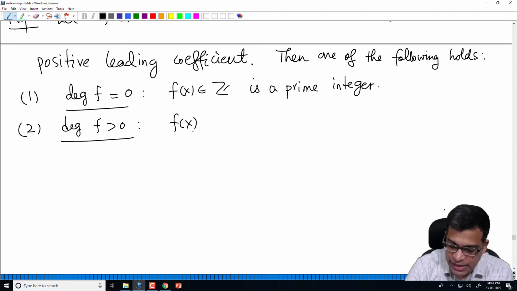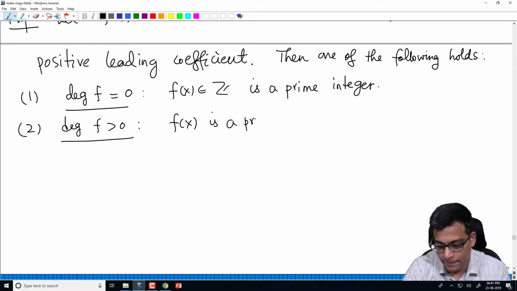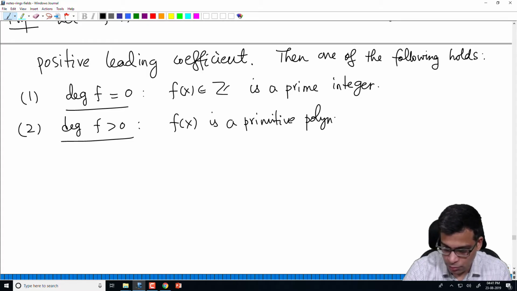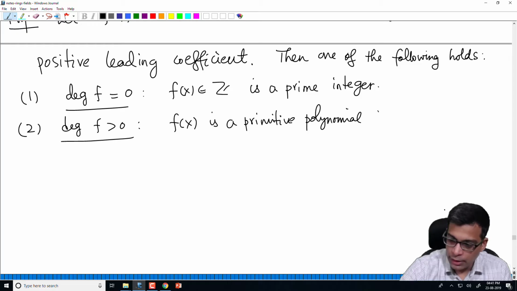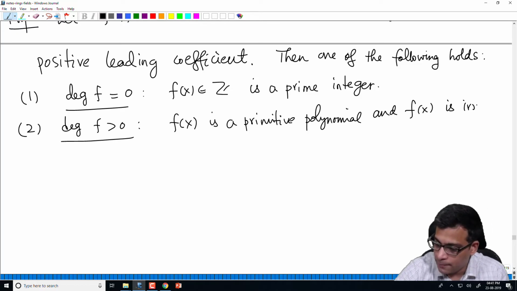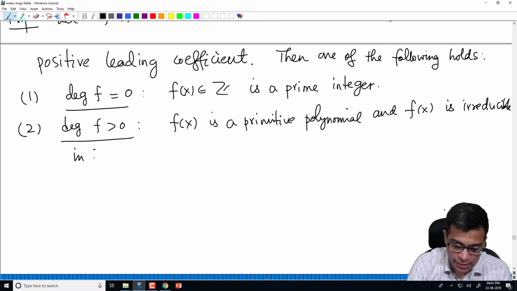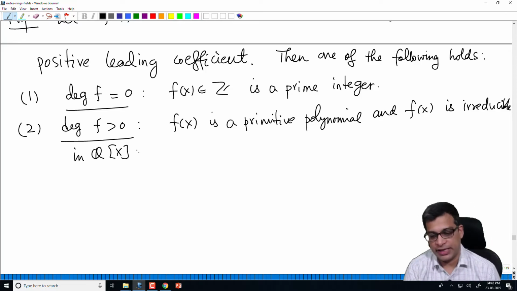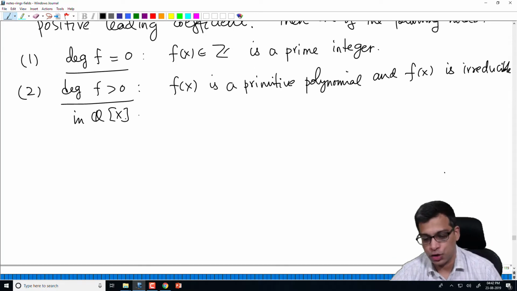Then f is actually a primitive polynomial, and more importantly, f is irreducible in QX. So the hypothesis is that it's irreducible in ZX, but it's actually also irreducible in QX.